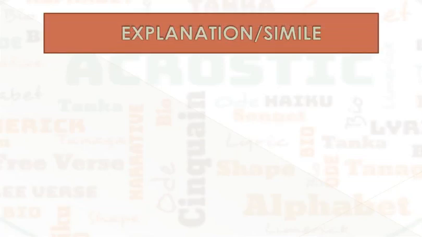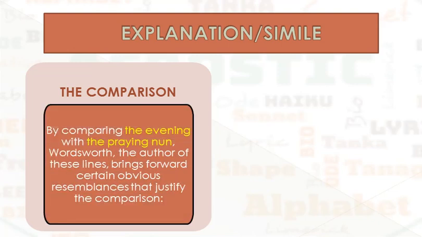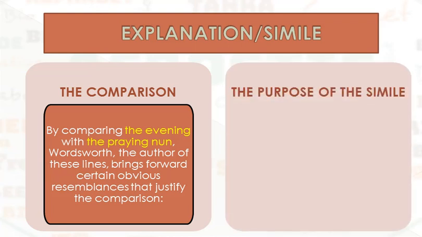Okay, in the explanation, we have the comparison. So by comparing the evening with the praying nun, Wordsworth, the author of these lines, brings forward certain obvious resemblances that justify the comparison. The purpose of the simile?